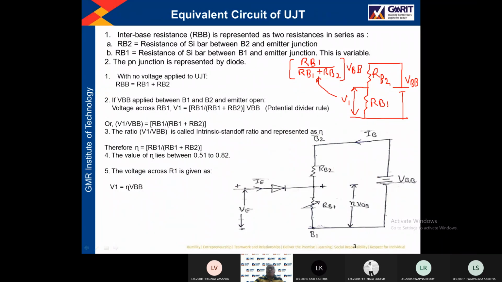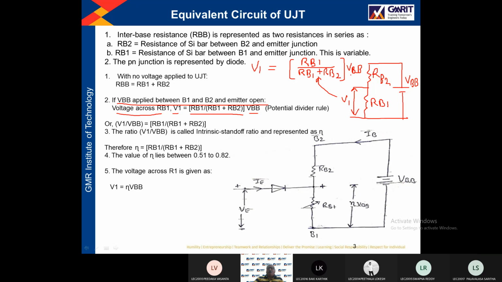In this way you will get this voltage. So see here, if VBB is applied between B1 and B2 and the emitter is open right now, the voltage across RB1 is RB1 divided by RB1 plus RB2 multiplied by VBB. This is equal to V1.